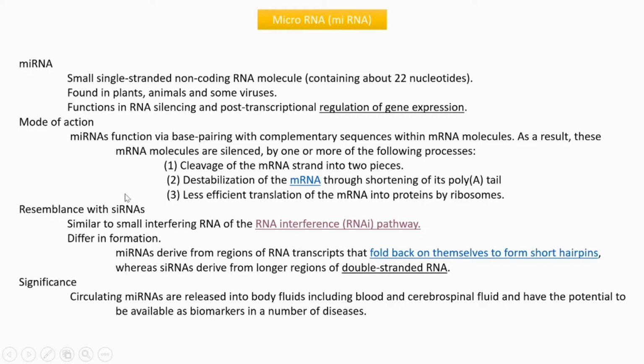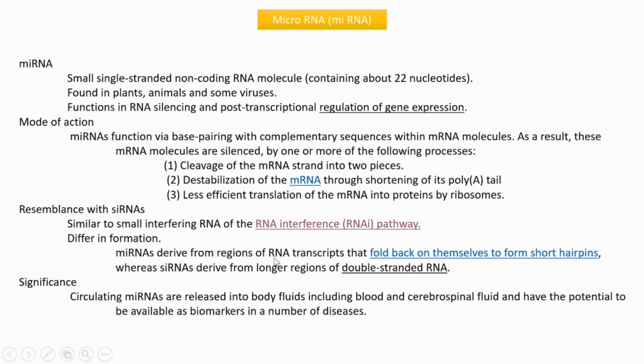Then what is the difference of this siRNA from this miRNA? The difference is that miRNA is derived from certain regions of RNA transcripts.